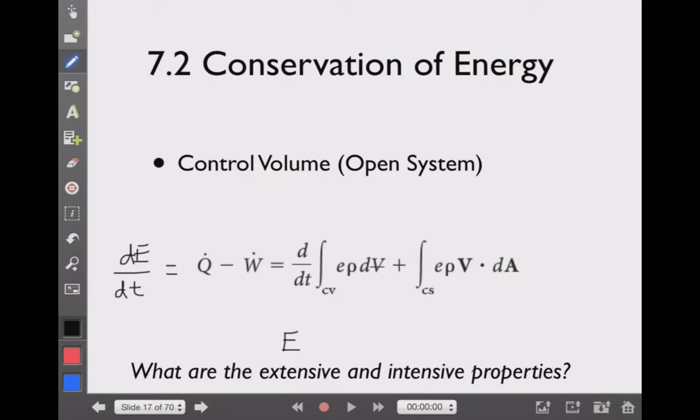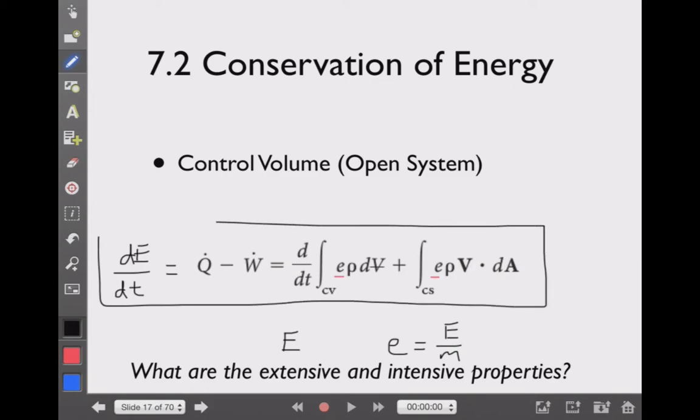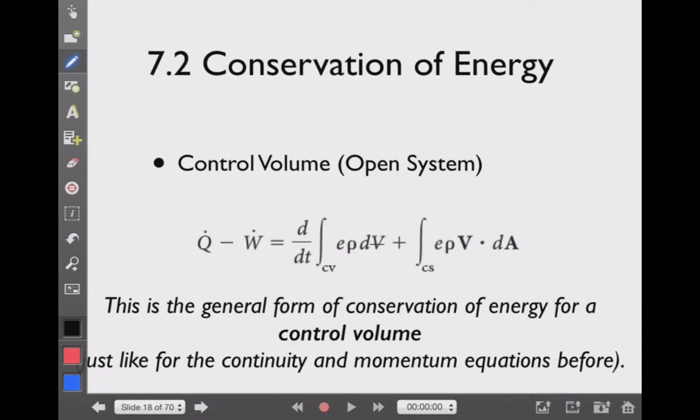And this little e that you see come up right here, the intensive property, as we've seen before, is just the energy per unit mass. That's what little e is. And we can see that this equation right here is the Reynolds transport theorem for energy. This is the most general form of conservation of energy for a control volume.